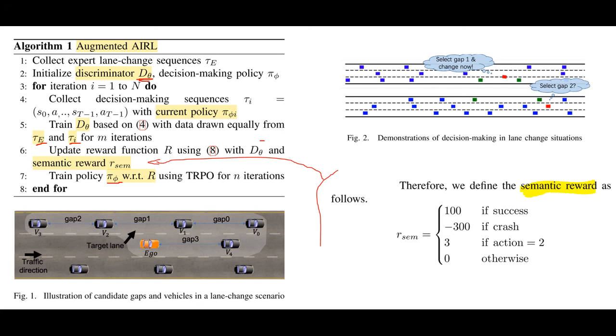The first is the discriminator, how easy it was for it to distinguish you from the expert, but you also want to add another term in the reward function, which was how good was your trajectory with respect to semantic rewards. Semantic rewards means in terms of success, in terms of crashes, and so on. So just a good illustration of how to provide the agent with some informative guidance in order to assist it so that it learns faster.